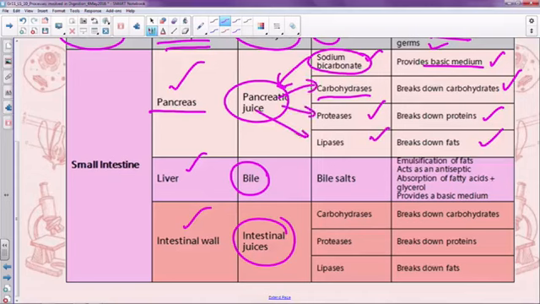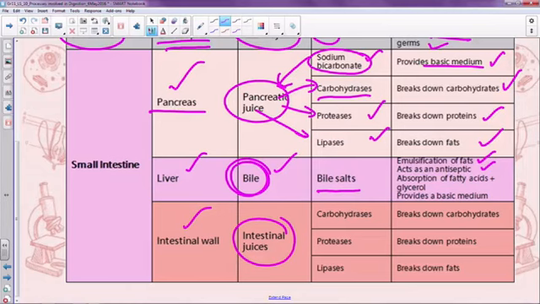The next part that contributes to the small intestine will be the liver, and we discussed this. The liver produces bile, and bile contains bile salts, and bile salts play a very important role in firstly the emulsification of fats. That's breaking down the fats into smaller fat droplets. It also plays an important role as an antiseptic, in terms of killing and destroying pathogens, having a sterilizing function.